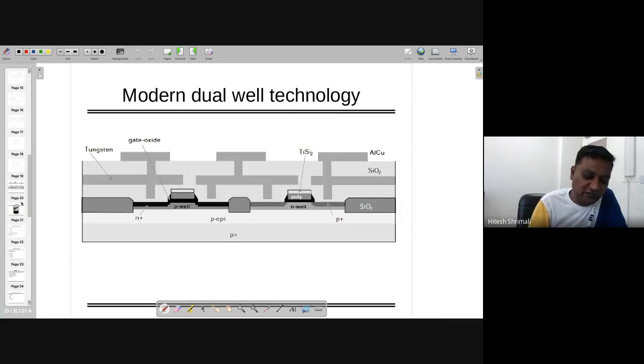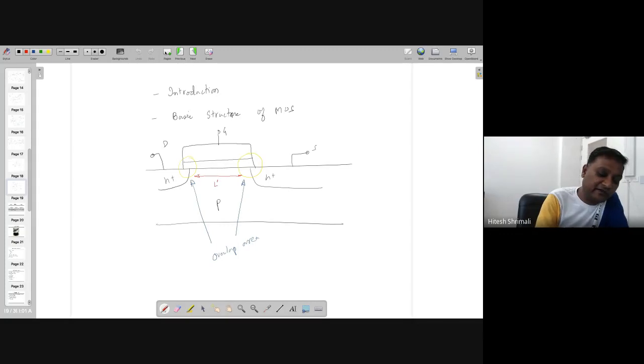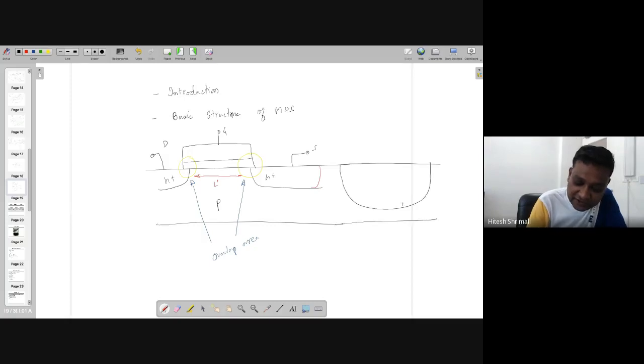So this is one more example of the CMOS technology, where we have studied that you're going to have such kind of structure in the CMOS technology. So this is body, and this is body of PMOS, and this is body of NMOS.